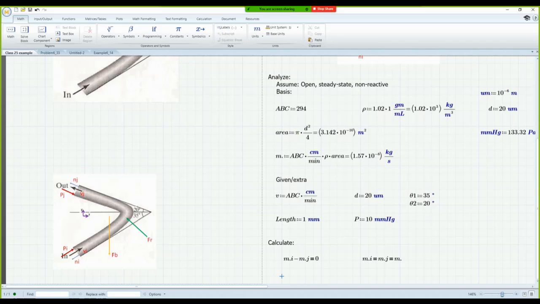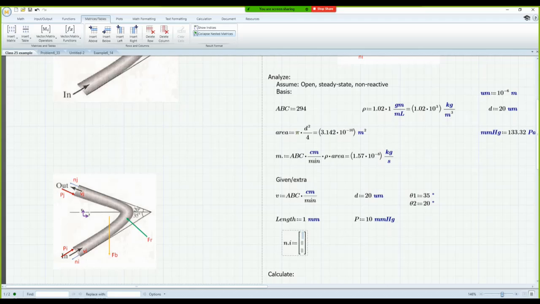Now let's go to the given information. We can also put our unit vectors in because they are the information provided that we need. The n dot I is the unit vector pointing out of the input.